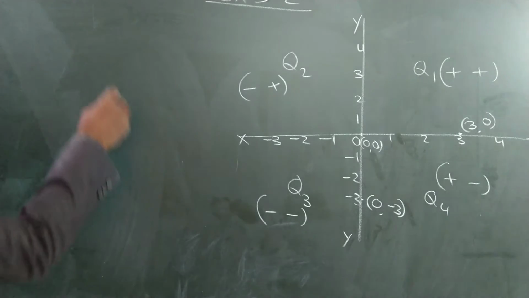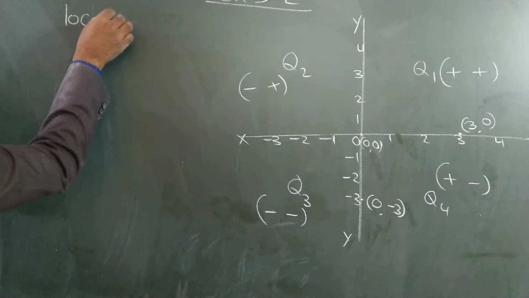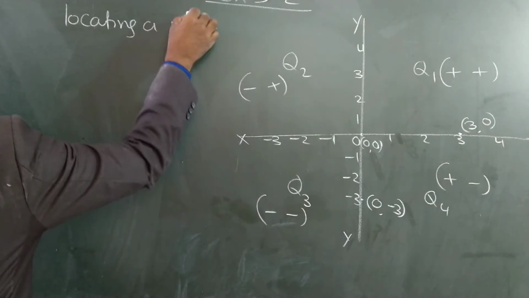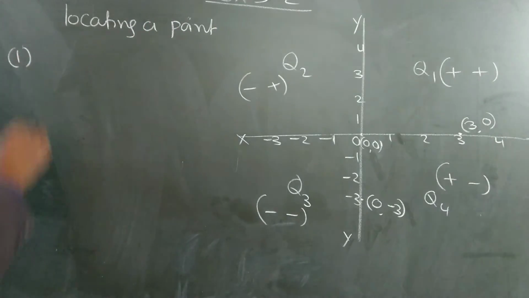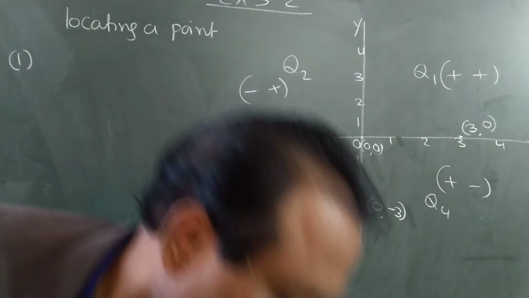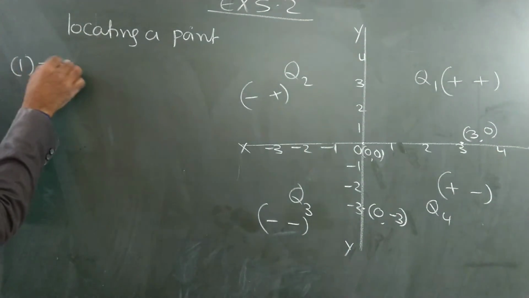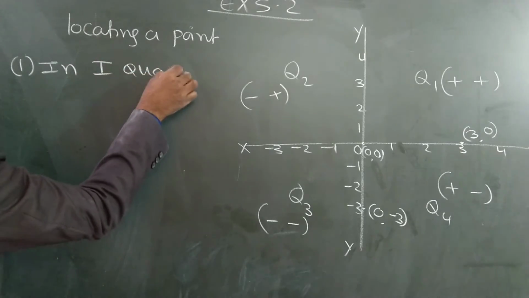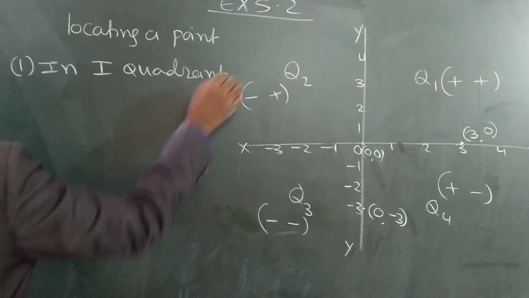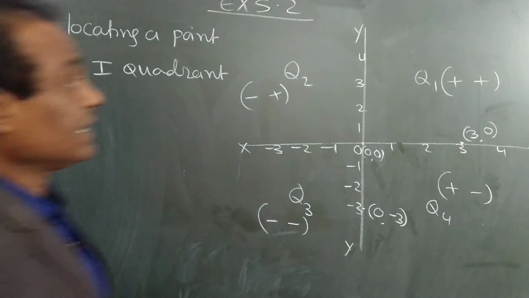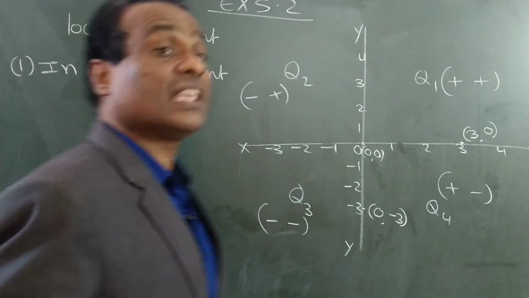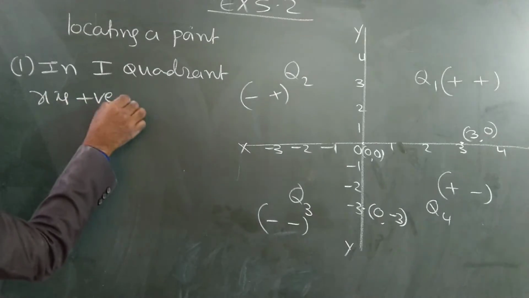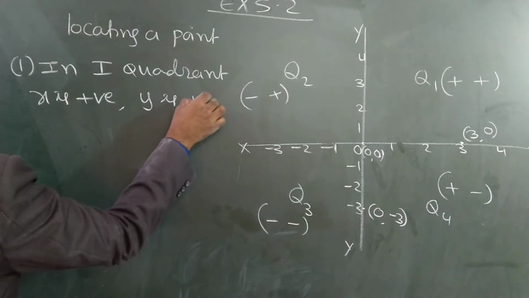Right now, locating a point. Write down. In the first quadrant, x is positive, y is positive.